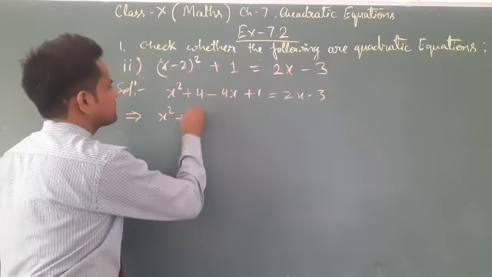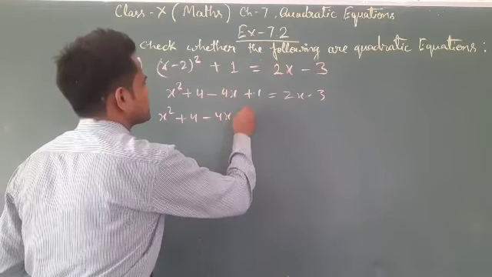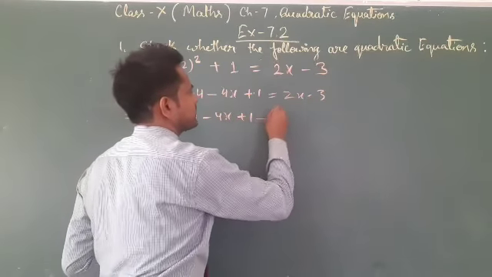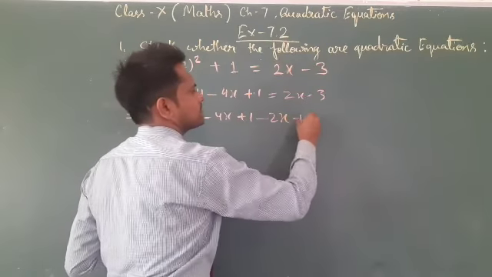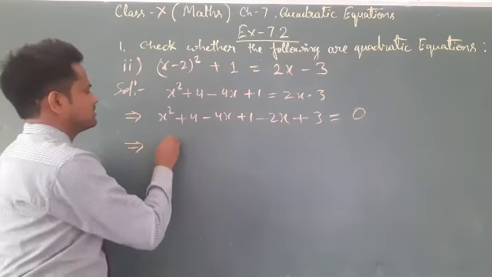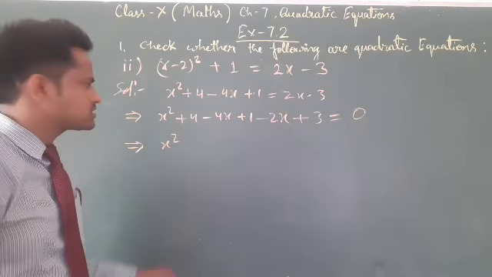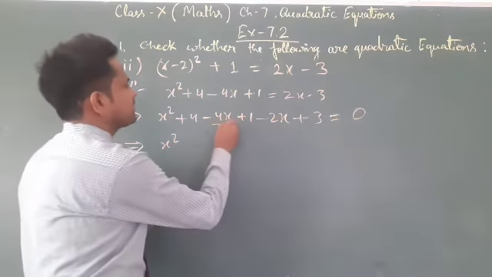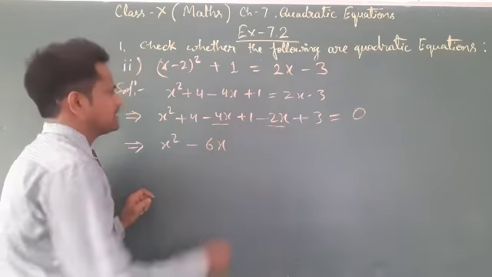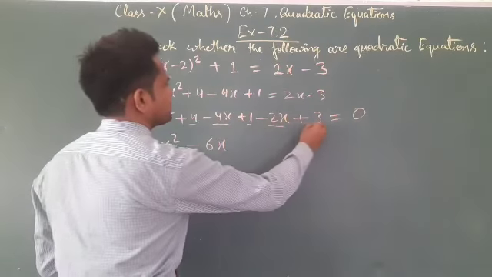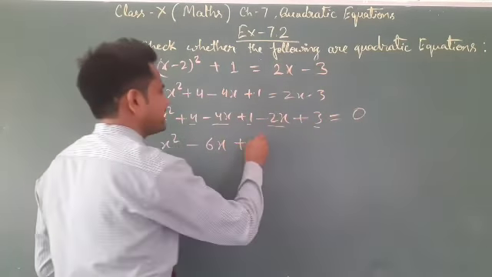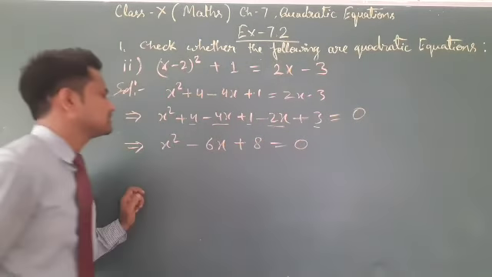Now x² + 4 - 4x + 1, and transpose 2x - 3: 2x will become -2x and -3 will become +3, equal to 0. Regrouping like terms: -4x - 2x is -6x, and 4 + 1 + 3 is +8, equal to 0.